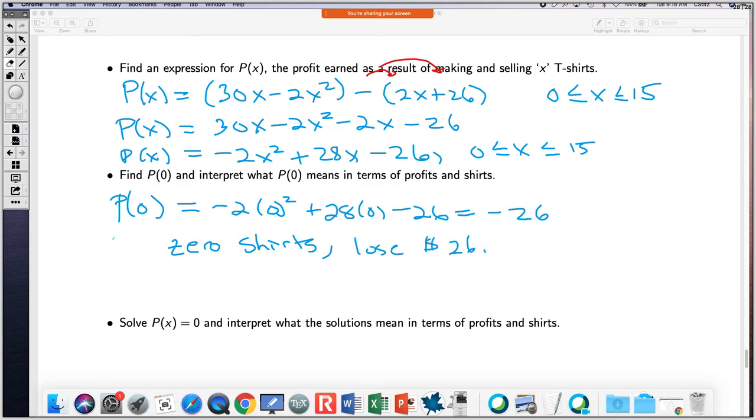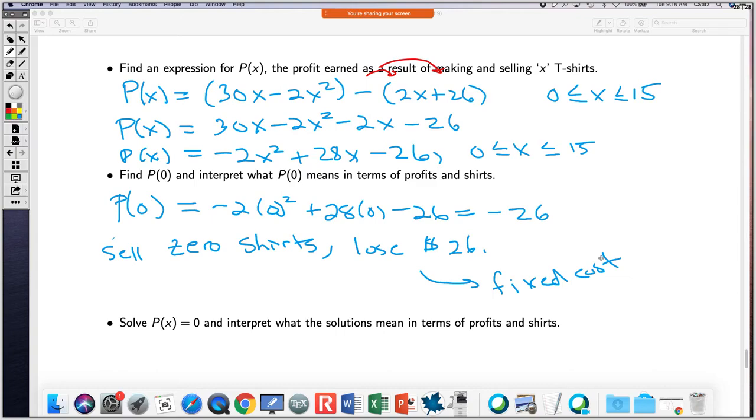If you think back to a week ago, which seems like forever ago, remember that's your what? That was your fixed cost. So before you even started selling t-shirts, you had to buy the shirts, buy the markers, set up the stand, whatever. You follow? So that ties in with the concept of fixed cost.